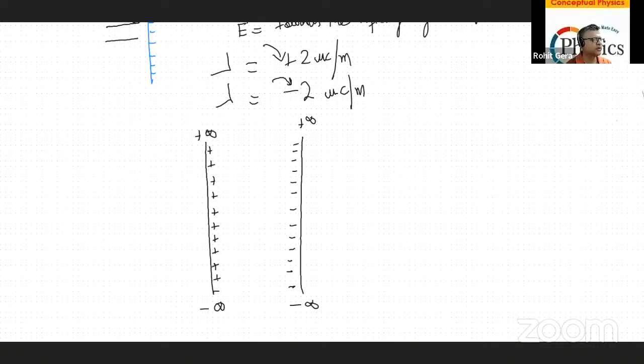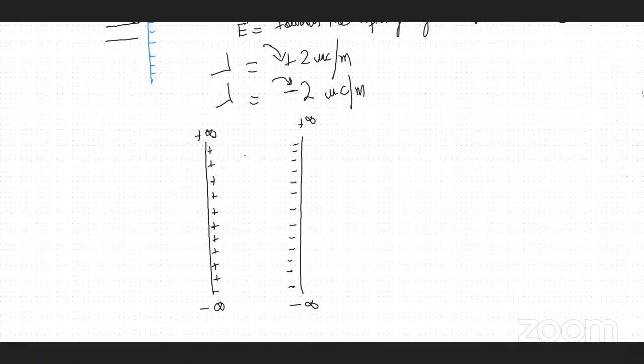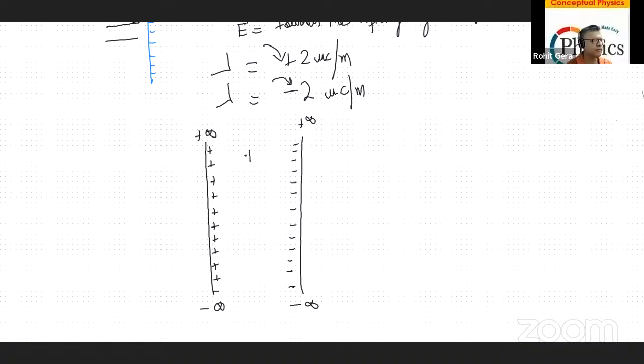My question to you is find the electric field. The distance between them is given to be 0.1 meter. Wait, r is always the distance between the charge and the place where you need to find it. I have not told you the place at which you have to find. I've just told you the distance between the two.